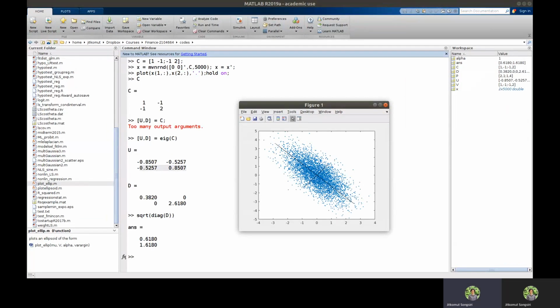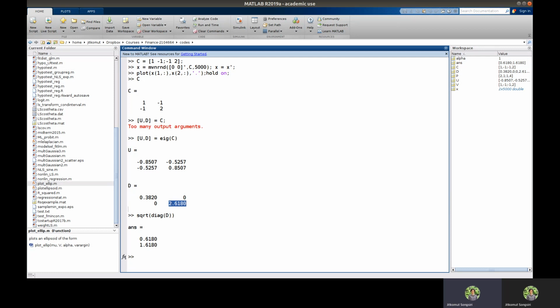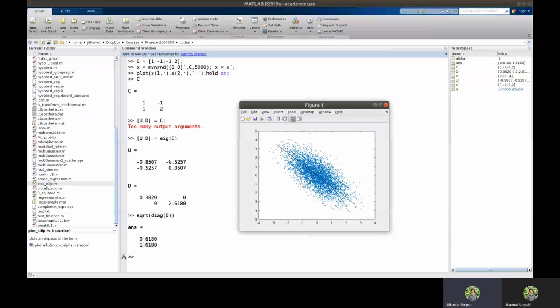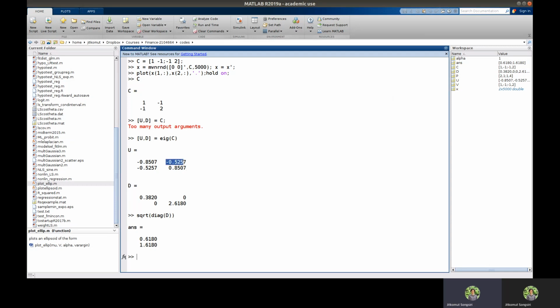Secondly, the second principal axis has a width of 1.6, so it's this. The direction is a vector in the second quadrant, minus 0.5, 0.8.